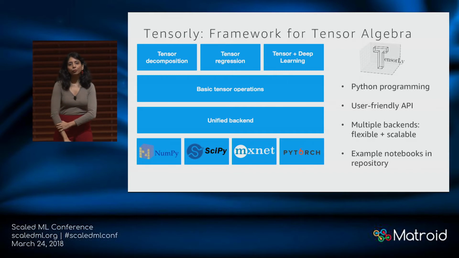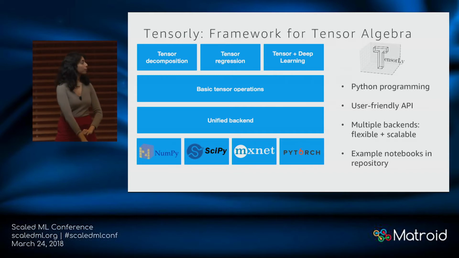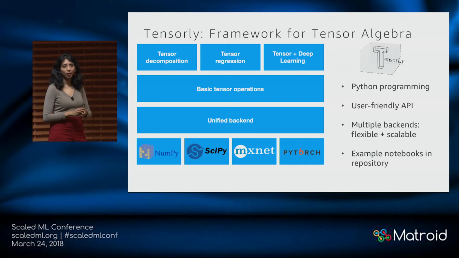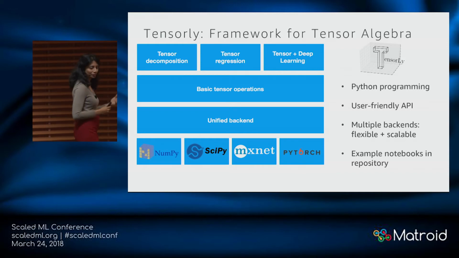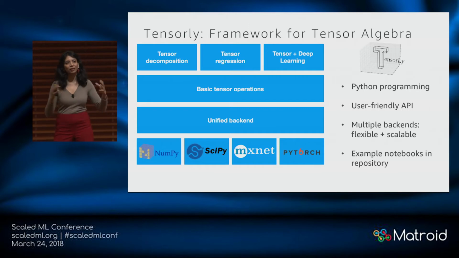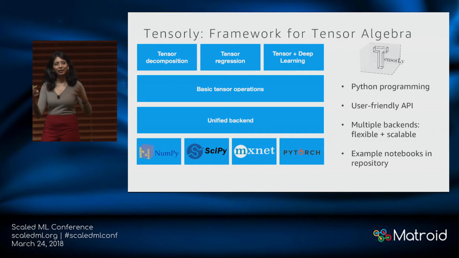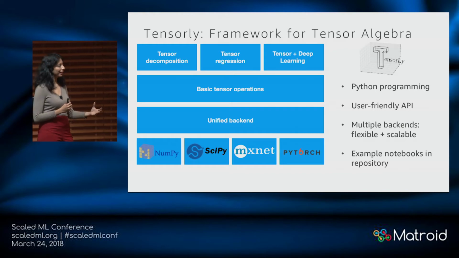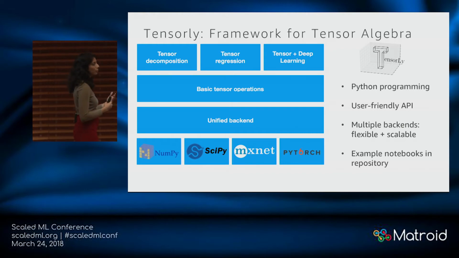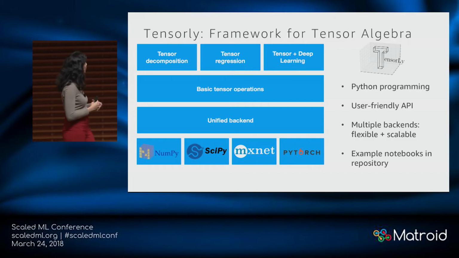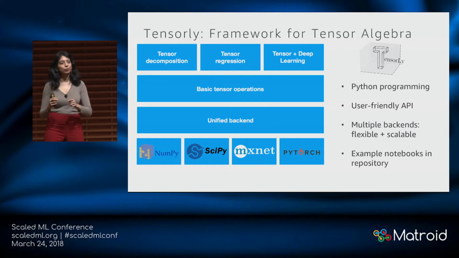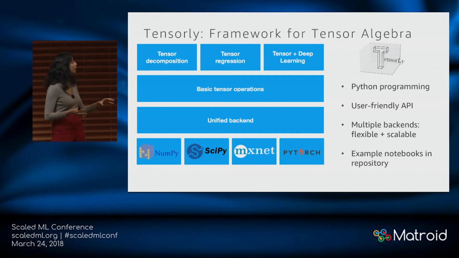So the framework we used for this is called Tensorly. This was first started by Jean Kossaifi. He also interned with our group and further developed it. And the idea is, as Jeff presented in the earlier talk, TensorFlow, for instance, has really revolutionized deep learning. So having good software frameworks is very important, right? And Tensorly, I would say, is a nice user-friendly framework for combining tensor algebra operations with deep learning.